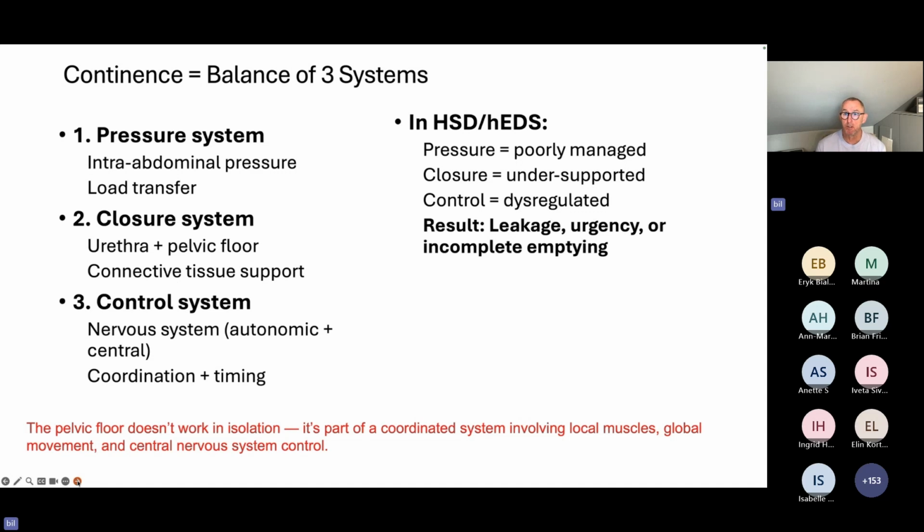Closure is often under-supported and control is often dysregulated. So we can get different values of pressure, closure, and control leading to the result being leakage, urgency, or incomplete emptying. And we have to remember that the pelvic floor doesn't work in isolation. It's part of this coordinated system involving local muscles, global movement, and the central nervous system control.